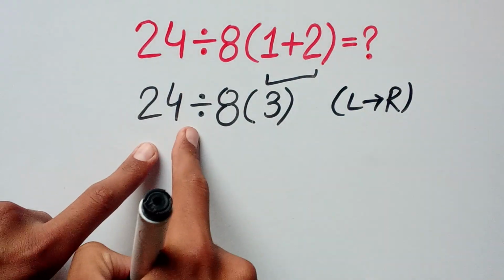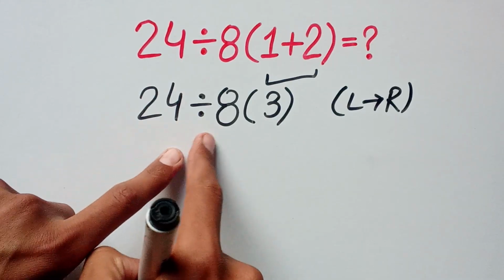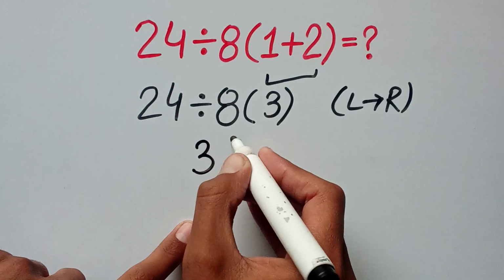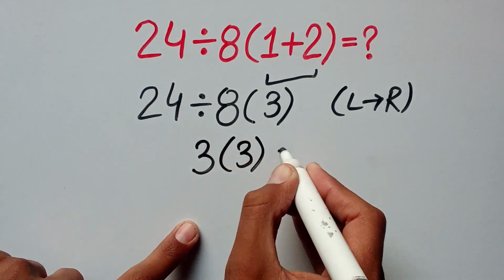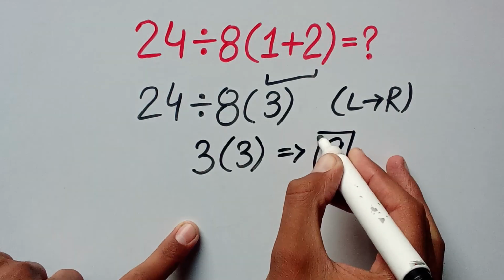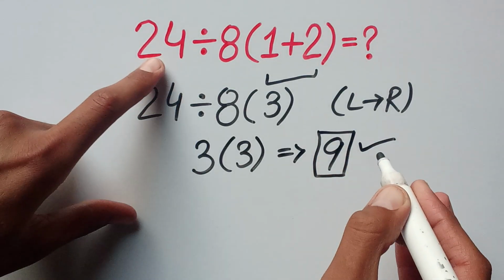So first we solve this division. 24 divided by 8 equals 3, multiply by this 3, so 3 times 3 equals 9. This is the final answer of this math question.